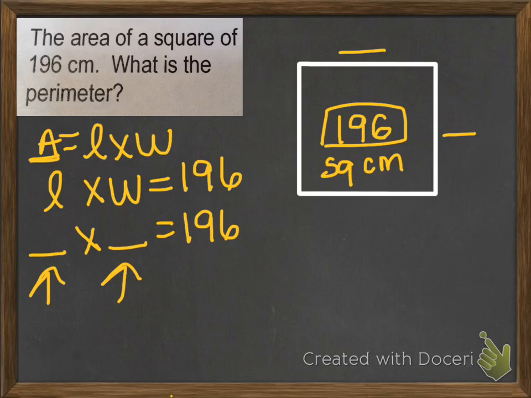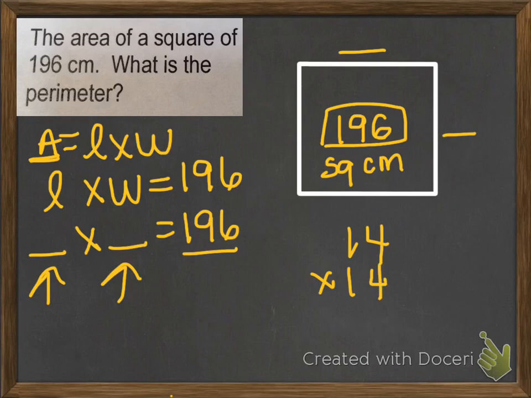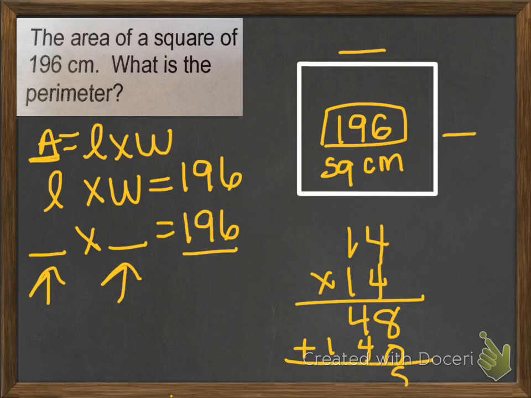I know that 12 times 12 is equal to 144. So then I'm looking for 196, which means I'm going to try to go higher. Let me erase this. Let's try 14 times 14. 4 times 4 is 8. 4 times 1 is 4. Then drop a 0. Hold on, I completely messed that one up.